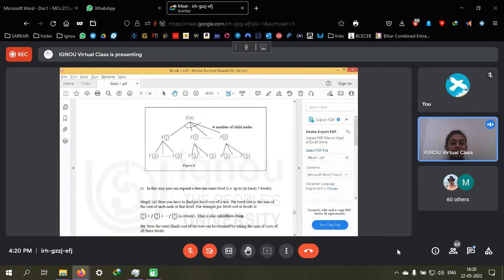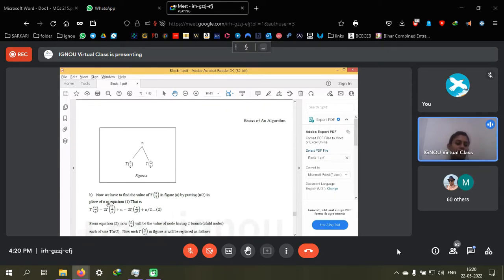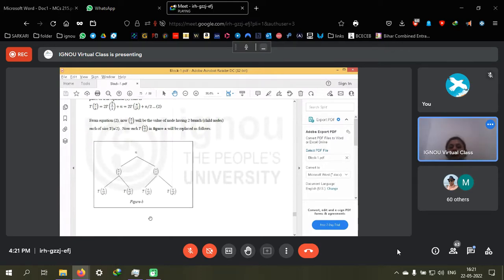So let's go with the second step with the same example. So this is the value n divided by 2 in place of n divided by B. We put n equal to n divided by 2. We will get (n divided by 2) square plus n divided by 2. So the tree is just like this. Any question, any query you can ask.